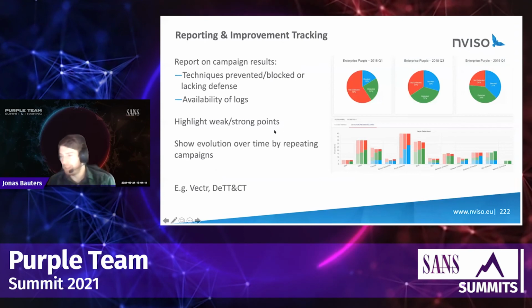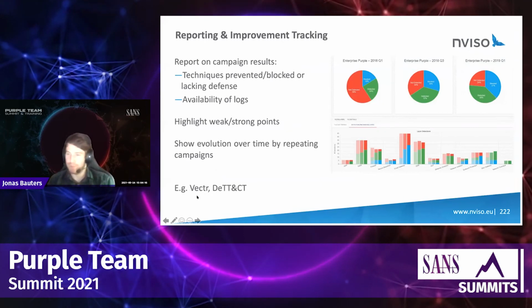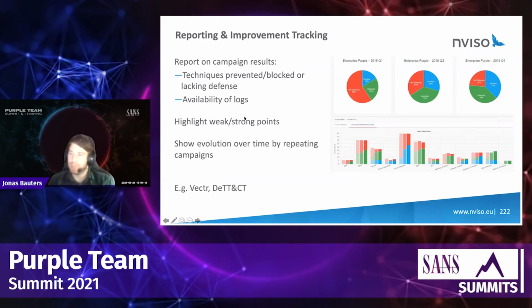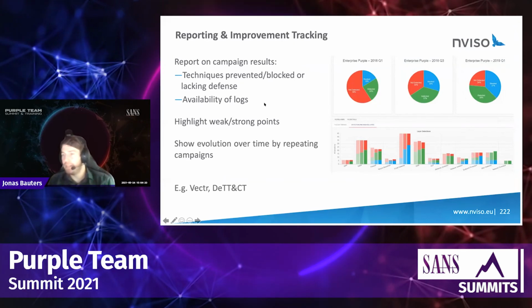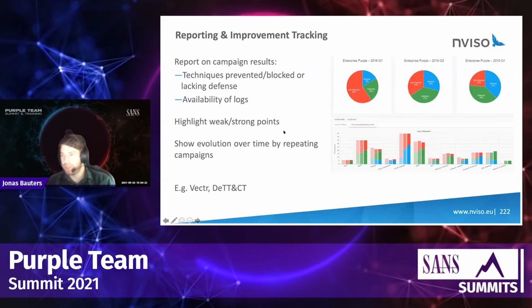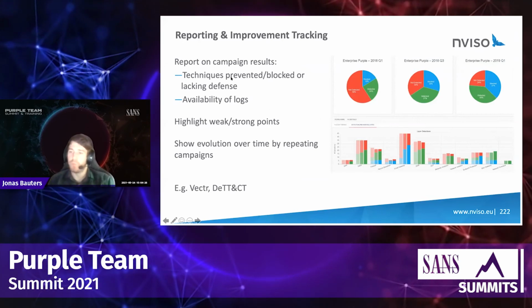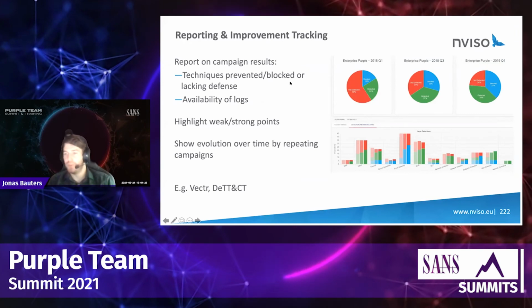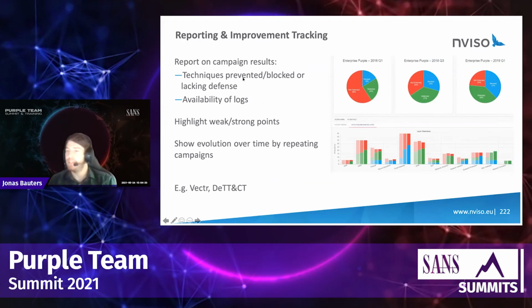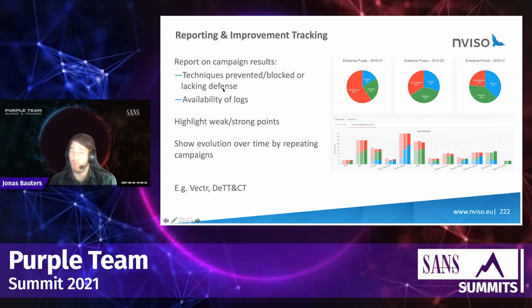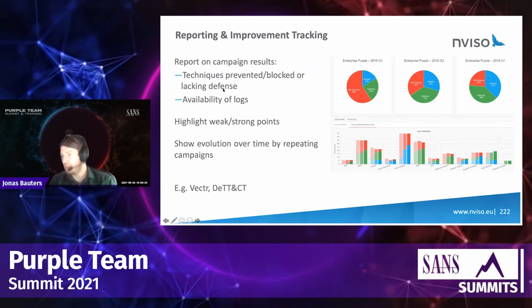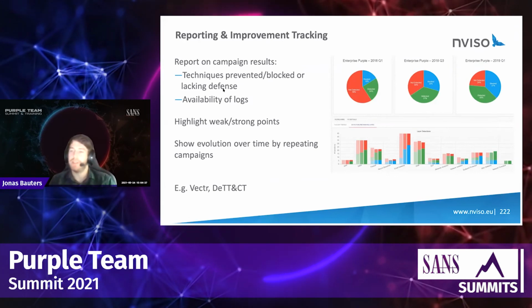For reporting, and I've seen both of these tools mentioned before as well, we use Vector because that integrates with Site, so we can ingest the campaigns that we executed to easily see the results. So in terms of reporting, you want to see what kind of techniques were prevented or blocked, or lacking defenses, so which could be successfully executed by an attacker.